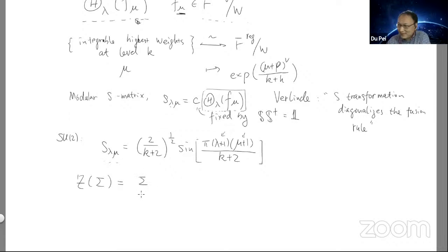And then since the fusion rule is diagonal, in the end, you only have a single sum over lambda. So you have this formula for the partition function of the 2D TQFT on a genus g Riemann surface. And this is known as the Verlinde formula.